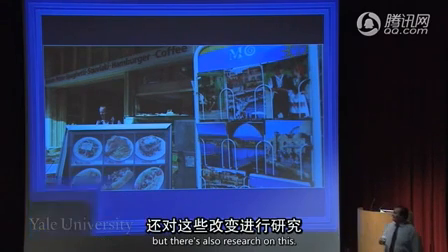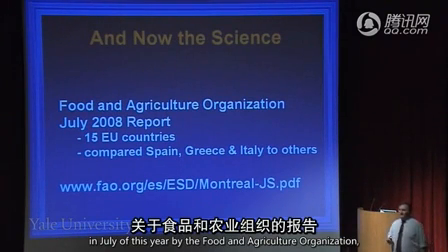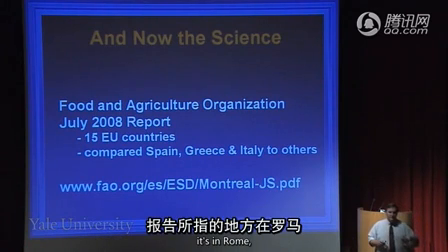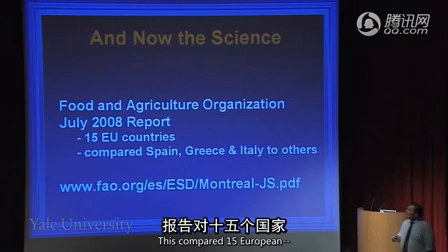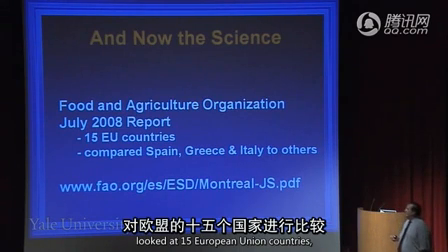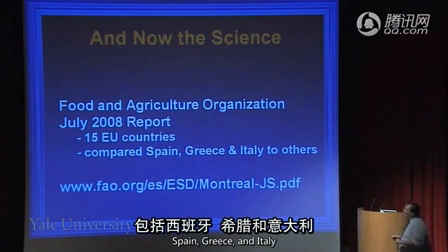But there's also research on this. There was a report published in July of this year by the Food and Agriculture Organization, which, as I mentioned before, is in Rome, but is part of the United Nations. This looked at 15 European Union countries, but it took the Mediterranean countries in this sample, Spain, Greece, and Italy, and compared them to the others.